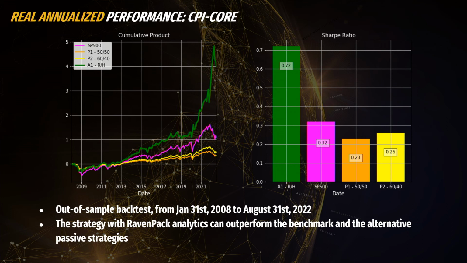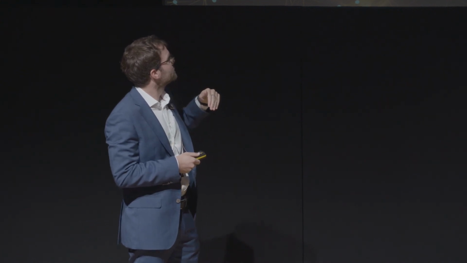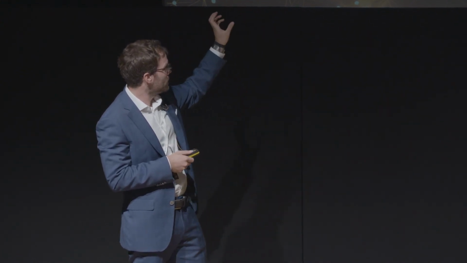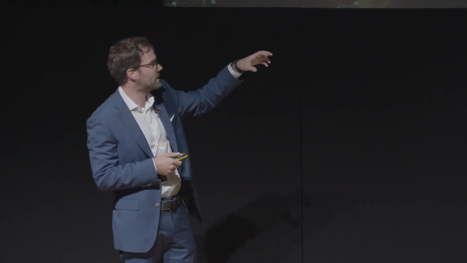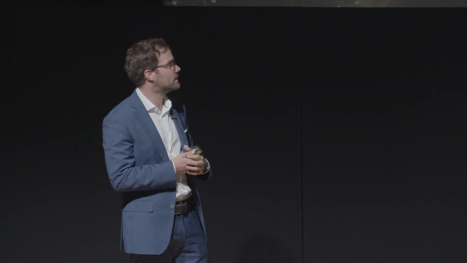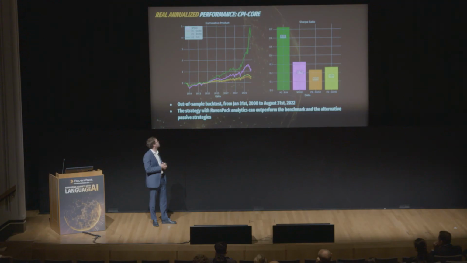And then it actually improves in 2022 when we get into the hyperinflation regimes. And so our model with RavenPack Analytics can outperform the benchmark and also the 2 passive alternative strategies that are the so common 50-50 and 60-40 equity and bond portfolio.